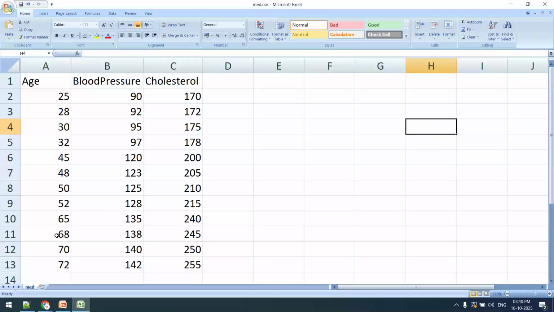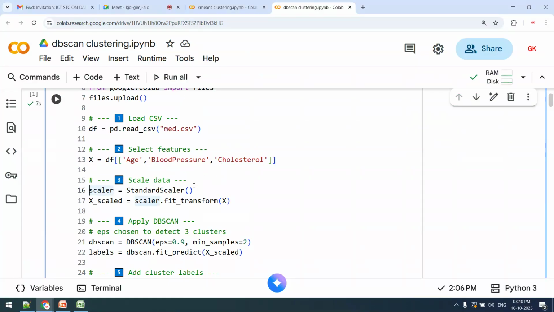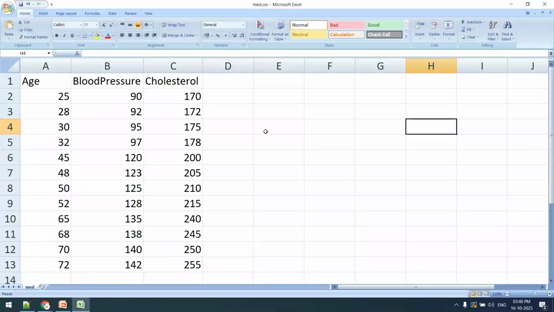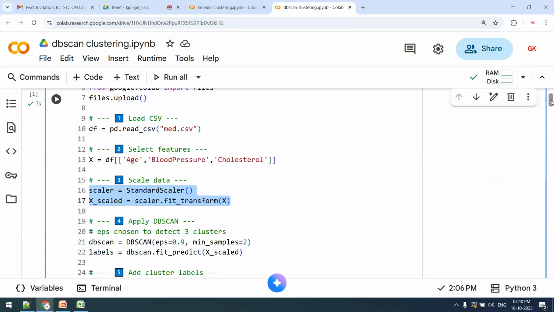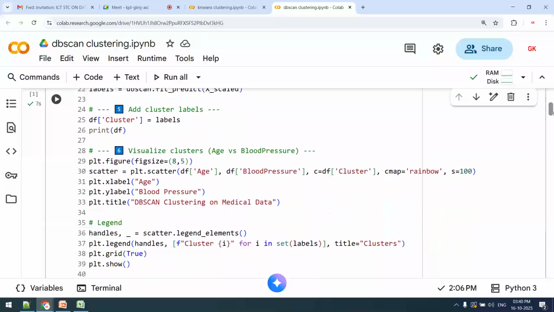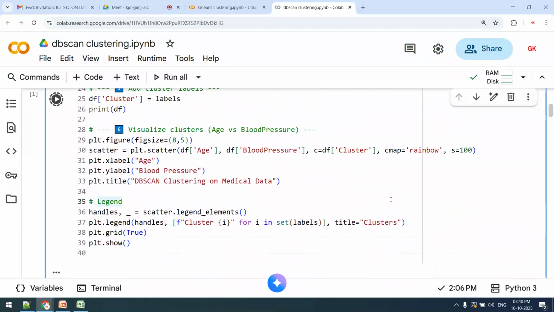So each and every value should be in the same range. Standard scaling will convert every value to the same range, either 0 to 1, or -1 to 1, or 0 to 5, whatever you decide. Generally -1 to 1 or 0 to 1. After that, we have passed it.